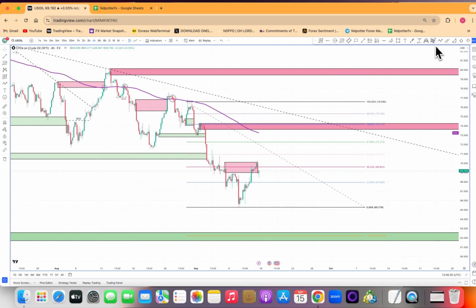If you look, this minor supply area here has been removed, and we got this bearish engulfing here on 4 hours, which I don't really care about. I'm more confident when I see a candlestick pattern on the daily or weekly time frame than on the 4-hour time frame. But here this area has been removed, and now we are seeing this.